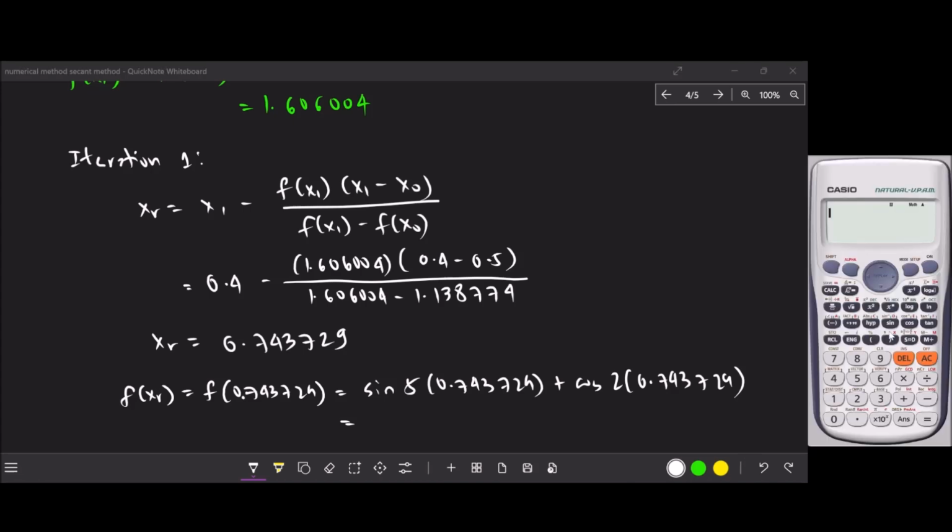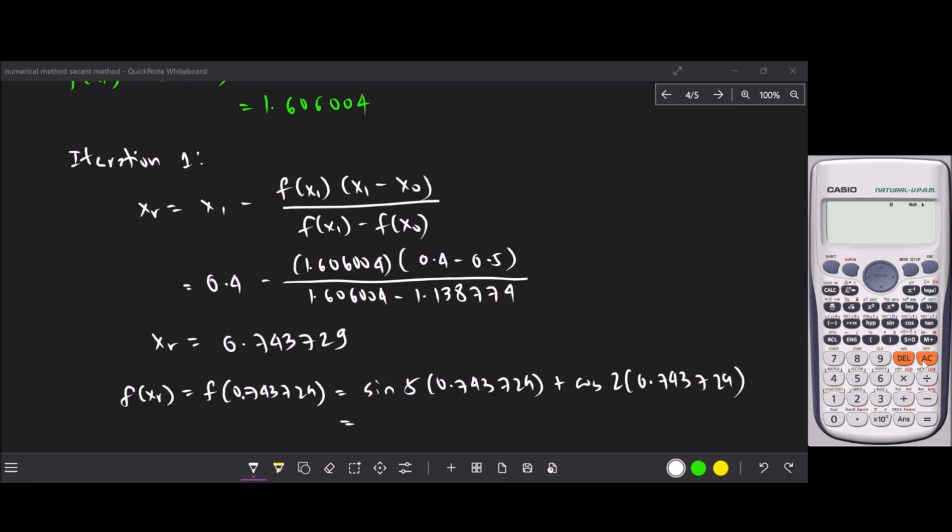Okay, so now just solve for this one. So sine 5 times C plus cosine 2 times C. So that will be equal to negative 0.462314. Okay, so store that one in D.